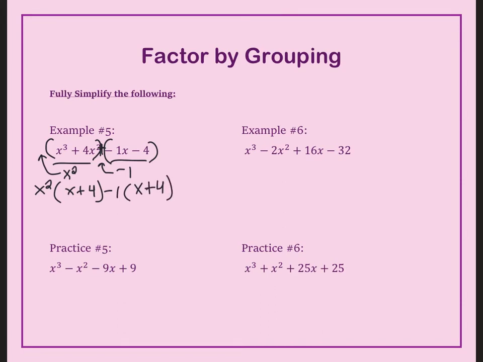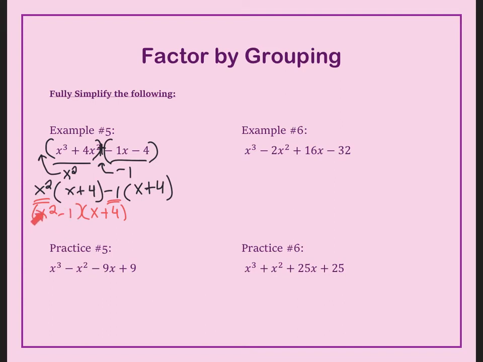So if they have a common term in the parentheses, that is one of your factors, and your coefficients are the other factor. So x squared minus 1 and x plus 4. Now we always have to check if we can factor any further. This goes back to part 1: a difference of squares.